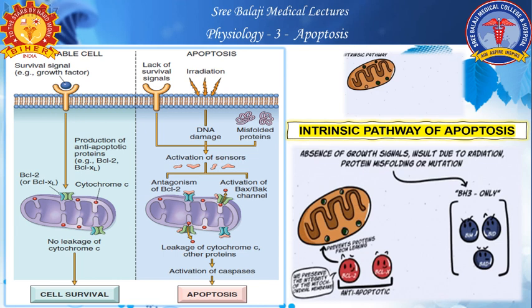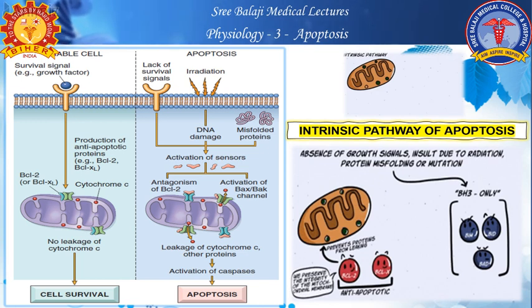So if there is involvement of radiation or protein misfolding, the integrity of the mitochondrial membrane gets disturbed, which will cause the leaking of cytochrome C, and it also causes release of stress proteins called BH3-only proteins.